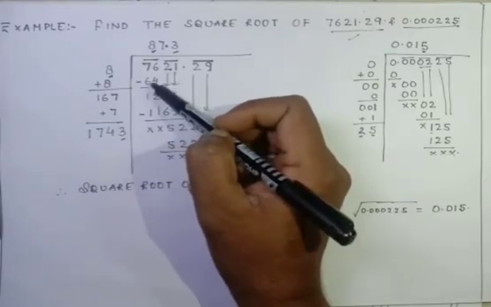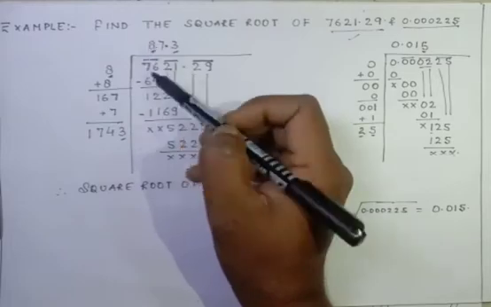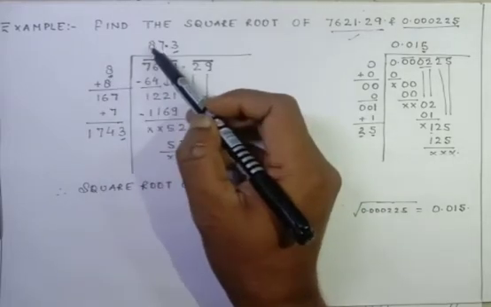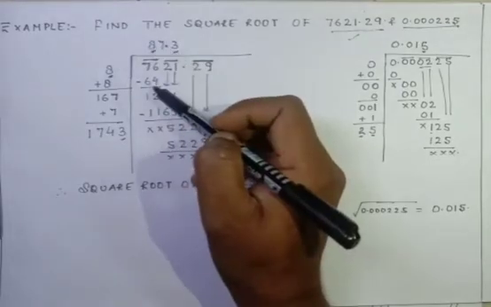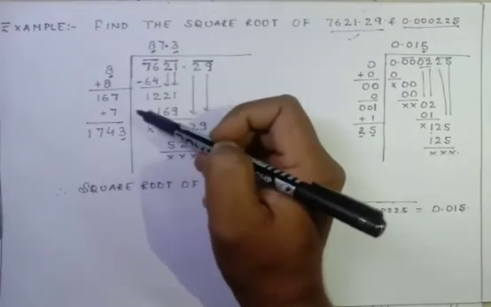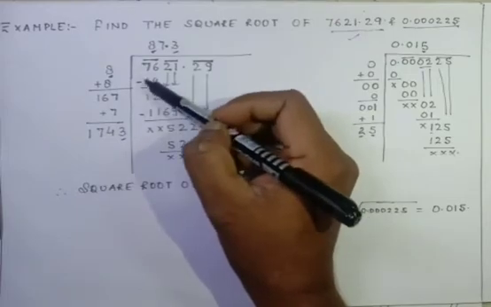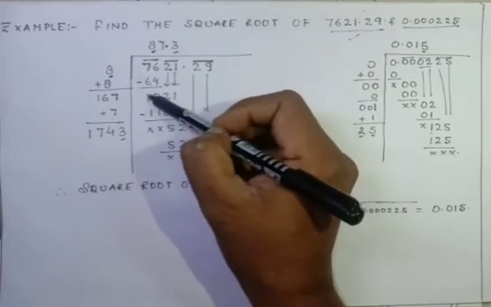If I take 9 into 9, it will be greater than 76. That is why I have taken 8 into 8. 8 8s are 64. When I subtract, 4 from 6 is 2 and 6 from 7 is 1.